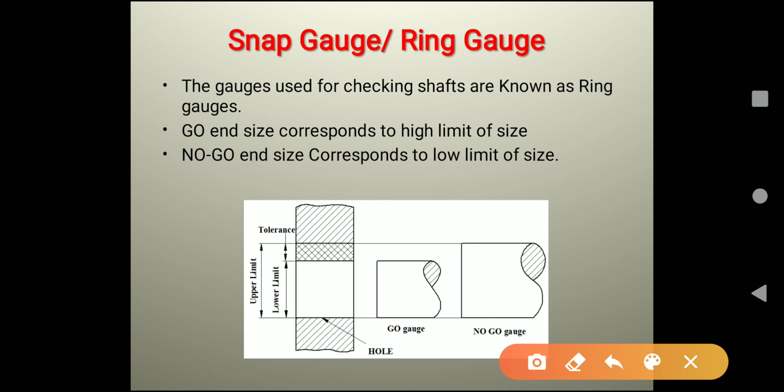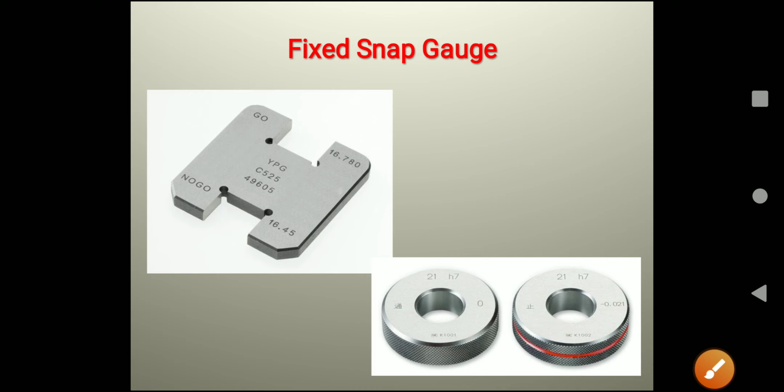Here you can see a ring gauge and these are the go and no go sides. The go end size corresponds to the high limit of a size. The no go end size corresponds to the low limit of a size.